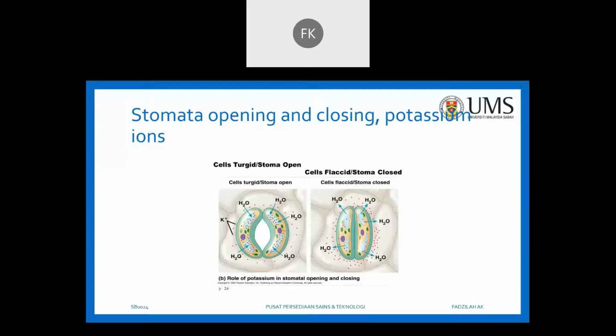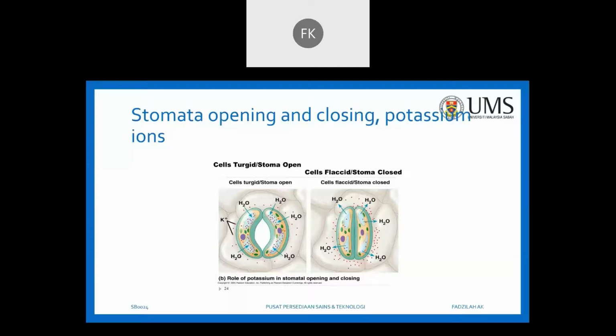When hydrogen ion is pumped out, potassium ion diffuses into the guard cell. When more potassium ion diffuses into the guard cell, it becomes accumulated.